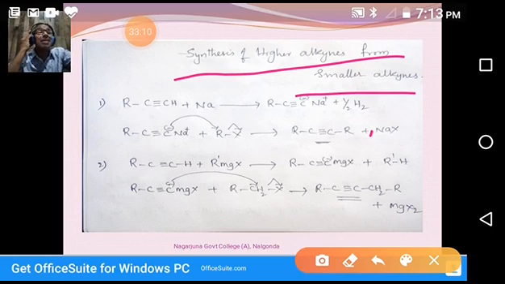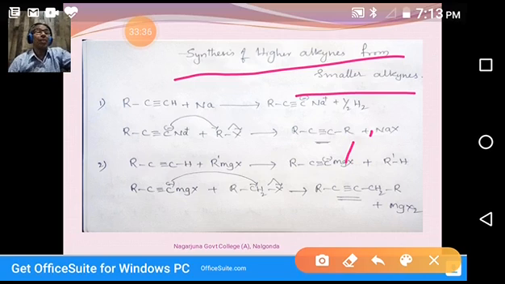In this reaction we are forming a new carbon-carbon bond, adding an R group to the acetylene. Because of the acidic nature of hydrogen, these hydrogens are easily replaced by other nucleophiles. By using this concept, we are synthesizing higher alkynes.